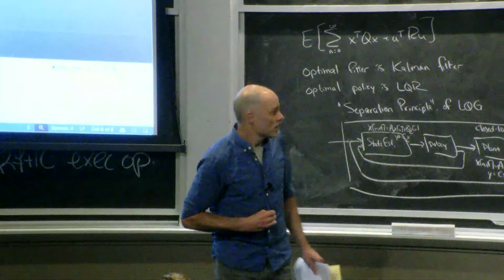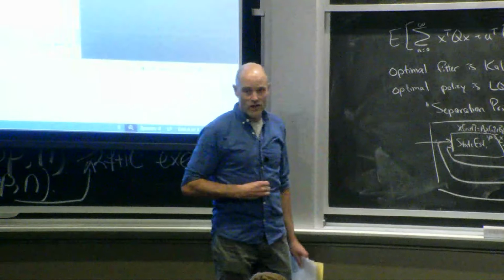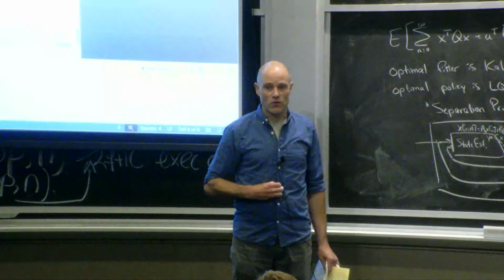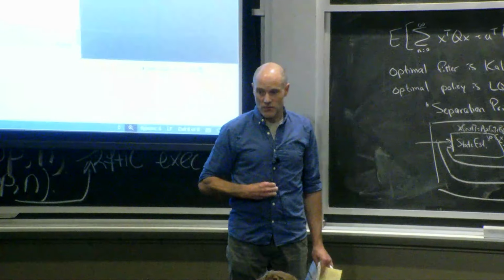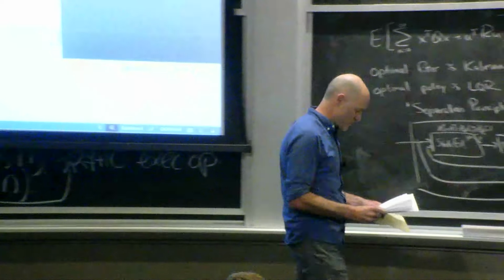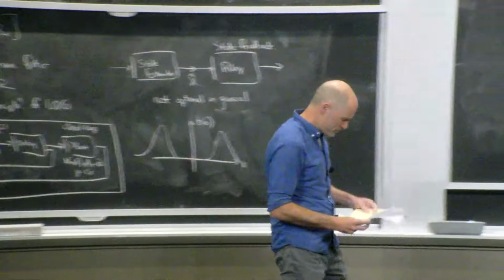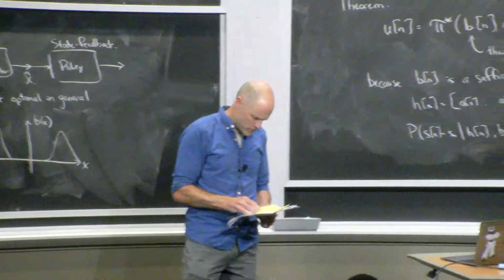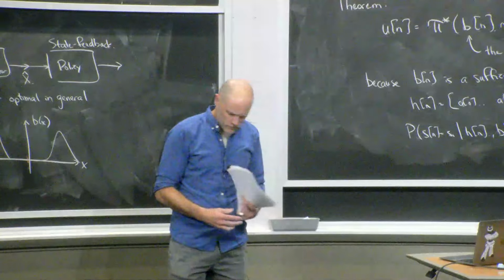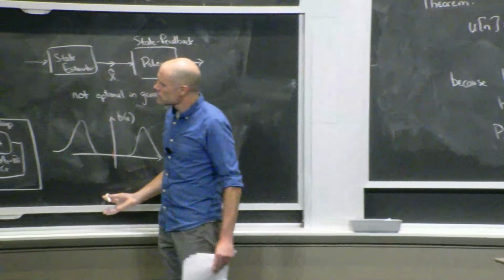There's an important problem called reduced order LQG that tries to estimate a subset of that, and a little bit is known about that, but not a lot. So it's a surprising gap in the control world. Does that make sense?